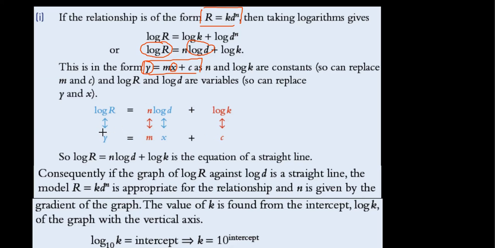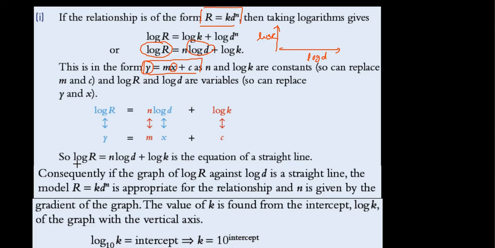So there is a relationship between y equal to mx plus c and log r equal to n log d plus log k: on the y-axis there is log r, on the x-axis this is log d. If I make the x-axis not with d, but with log d, changing the variables into log d and log r, I will obtain a straight line.